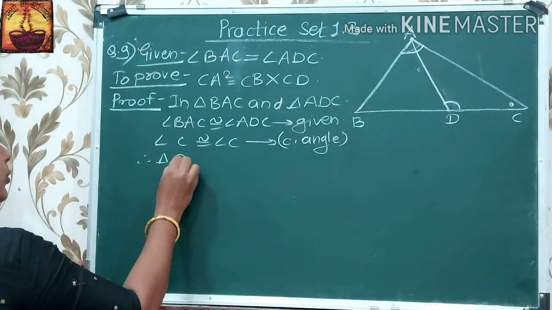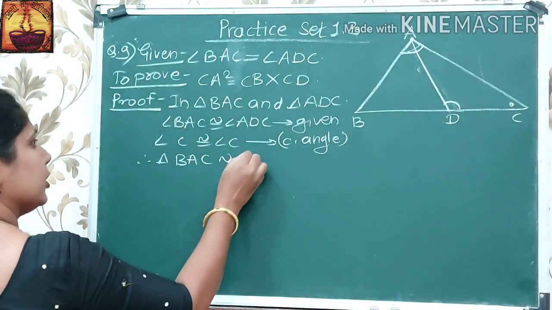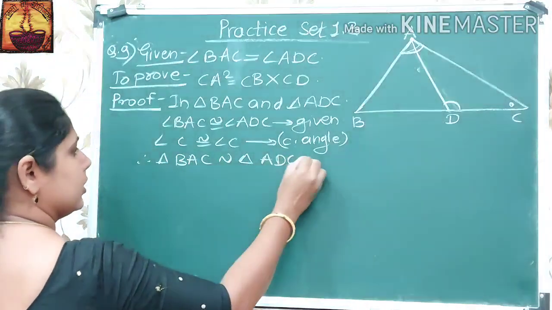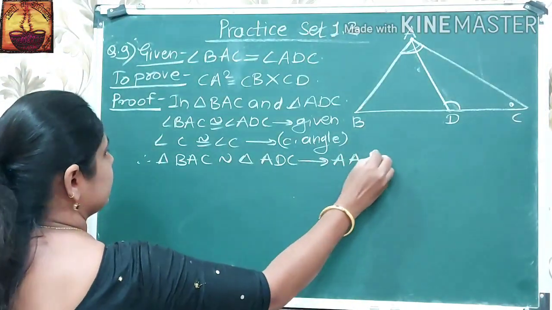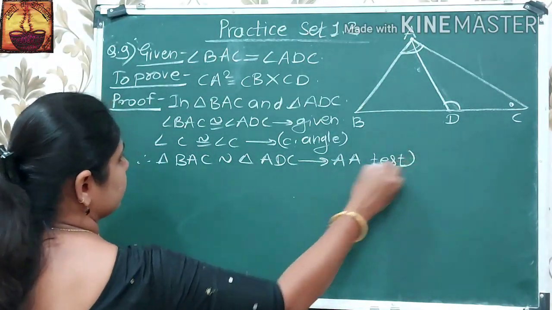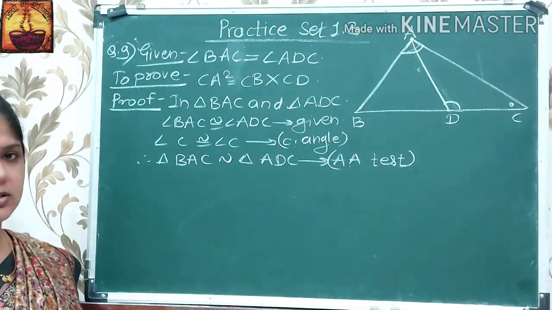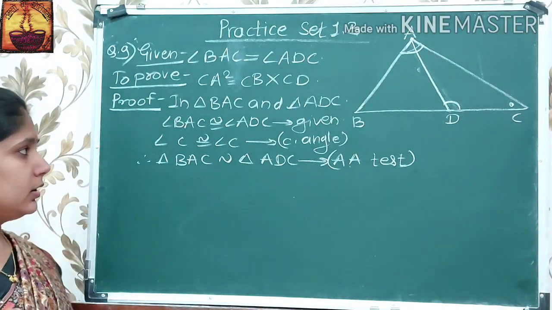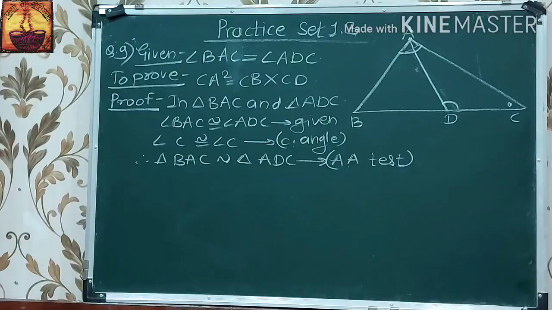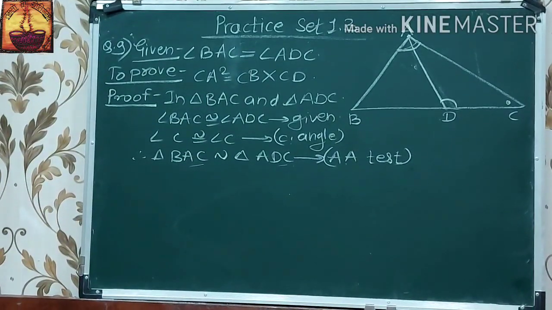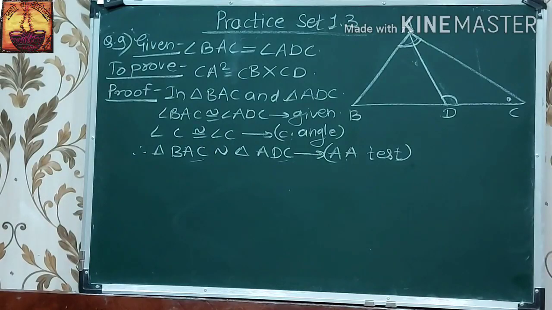Therefore, triangle BAC is similar to triangle ADC by AA test of similarity. If these two triangles are similar by AA test of similarity, it means that their sides are in proportion. Therefore, write their sides in proportion.